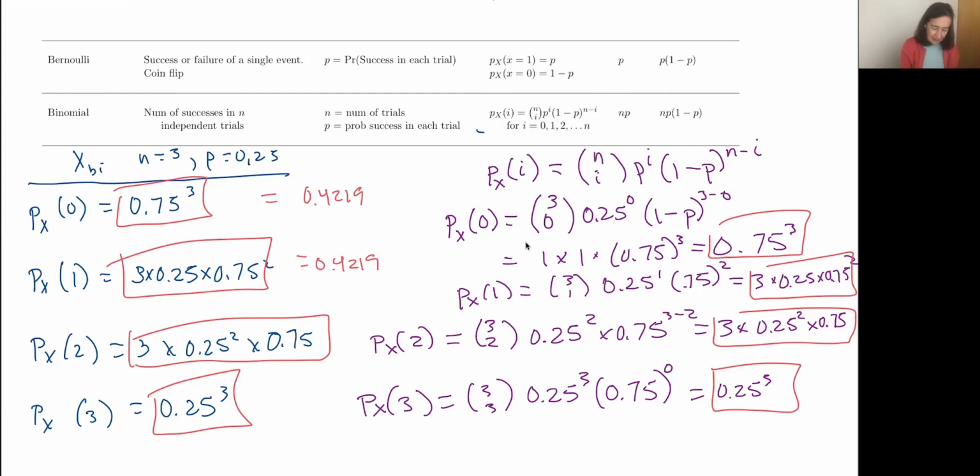It's kind of a coincidence here. The probability for 2 works out to be 0.0406, and for 3, 0.0156. You can check these numbers yourself, but they do indeed sum to 1.